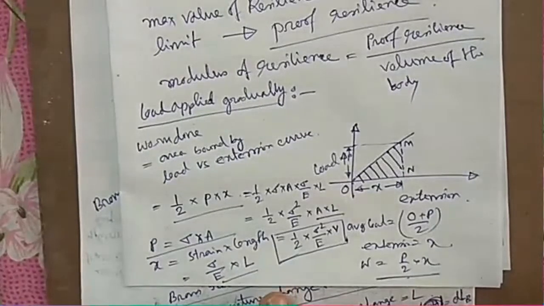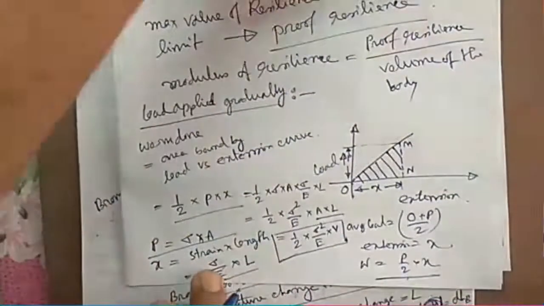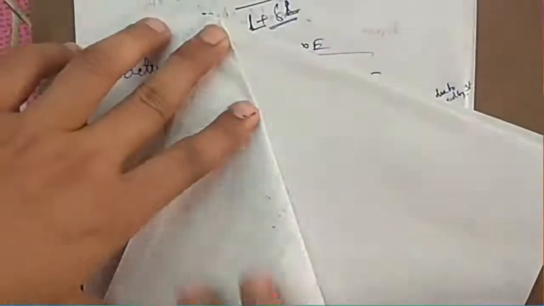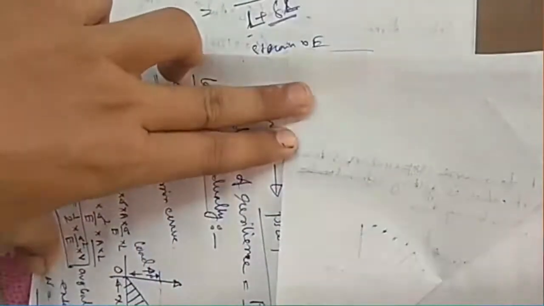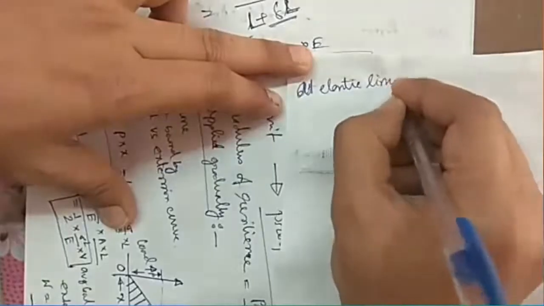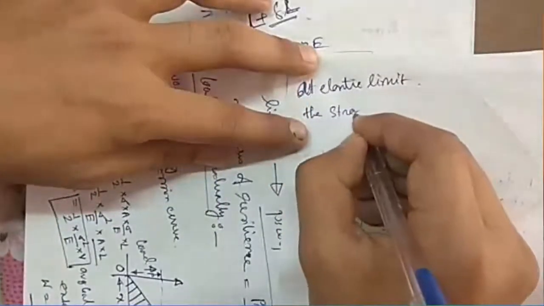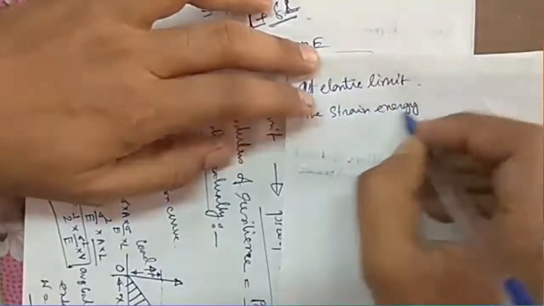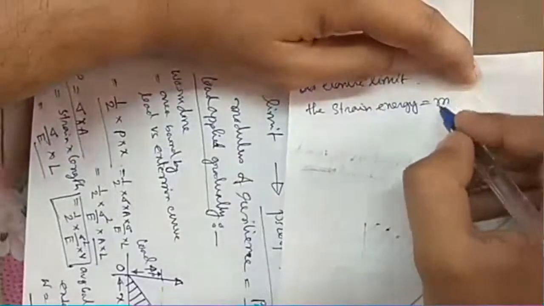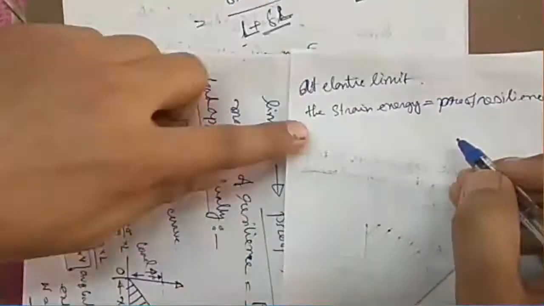Okay, now we will go for the next topic. Looking at this equation, we can say that at elastic limit, the strain energy is called proof resilience, that we have discussed earlier.